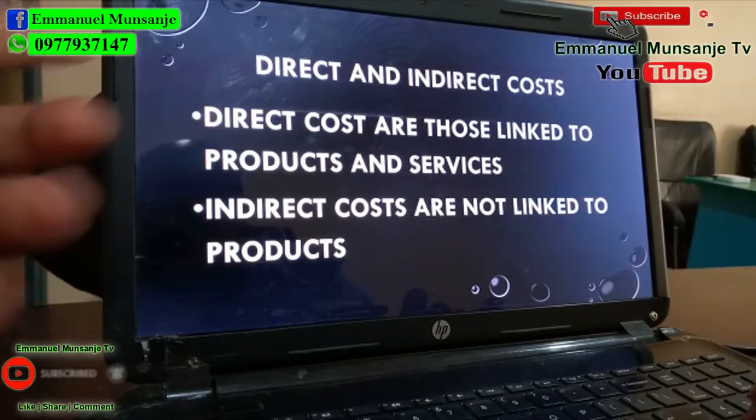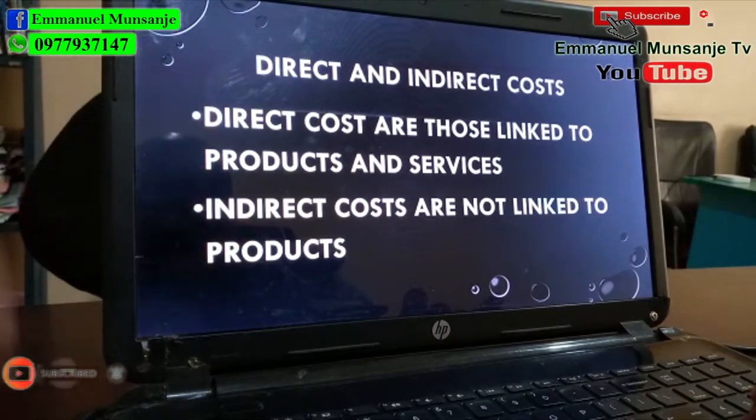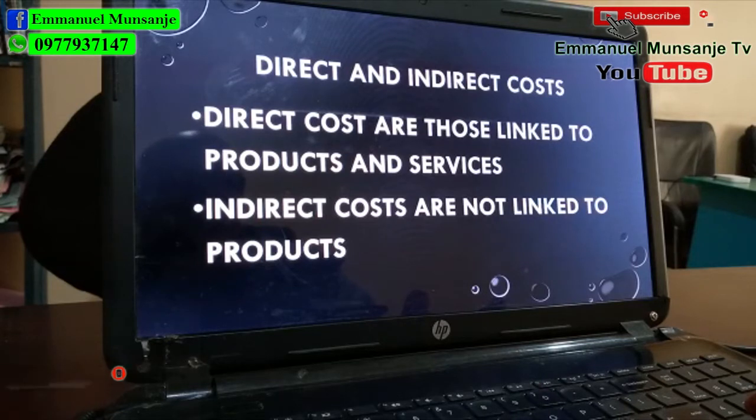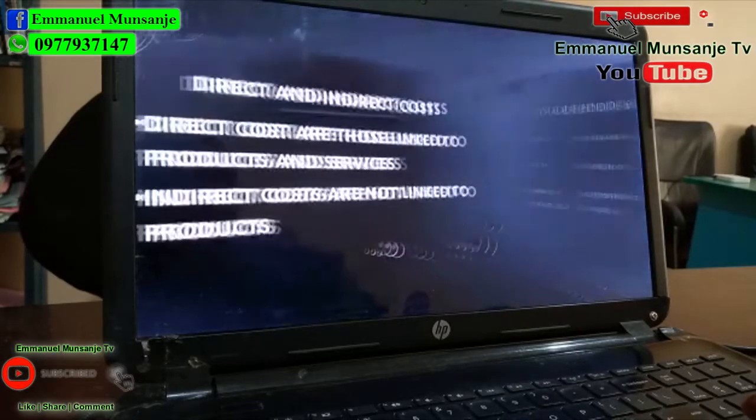But when you look at indirect costs, perhaps the facility where you were making bread was rented. You cannot trace rentals in the bread, and therefore the cost of rent is indirect. So the gist of the matter is that if you can link the cost, it's direct. If you can't link the cost to the product, it is indirect.